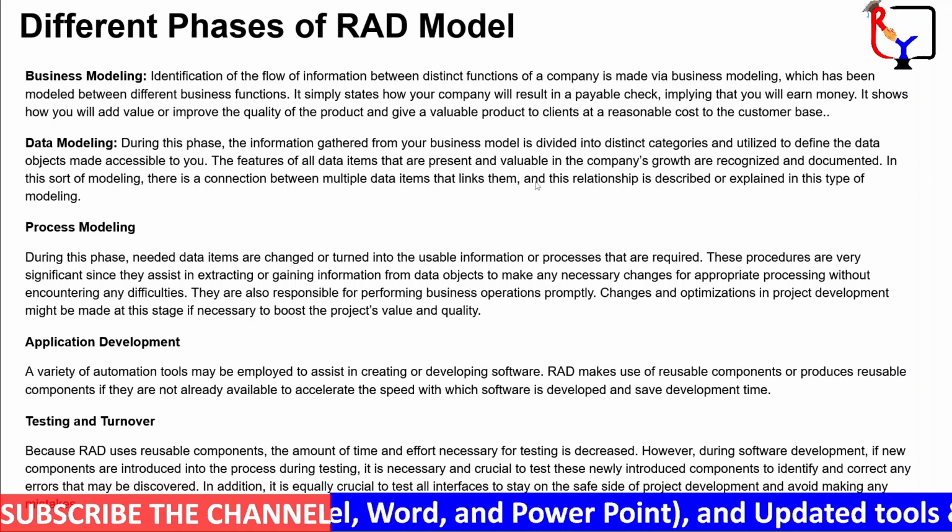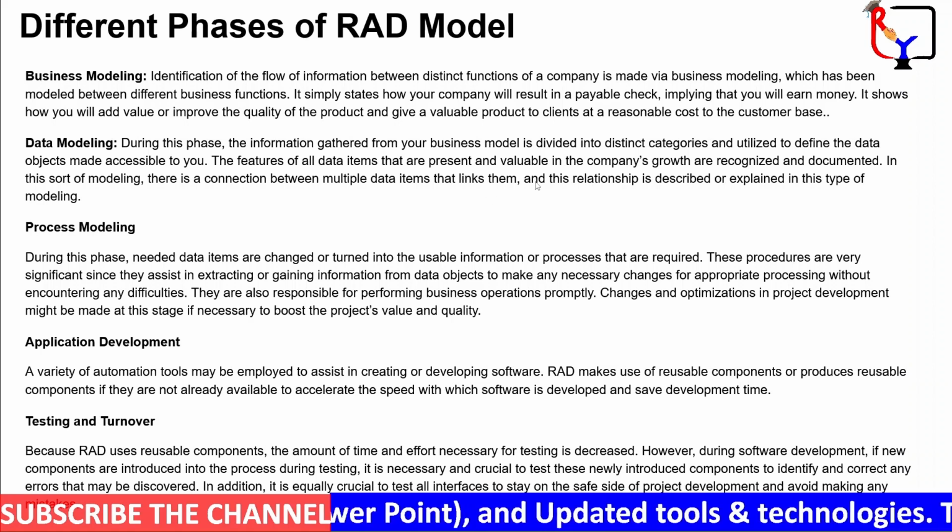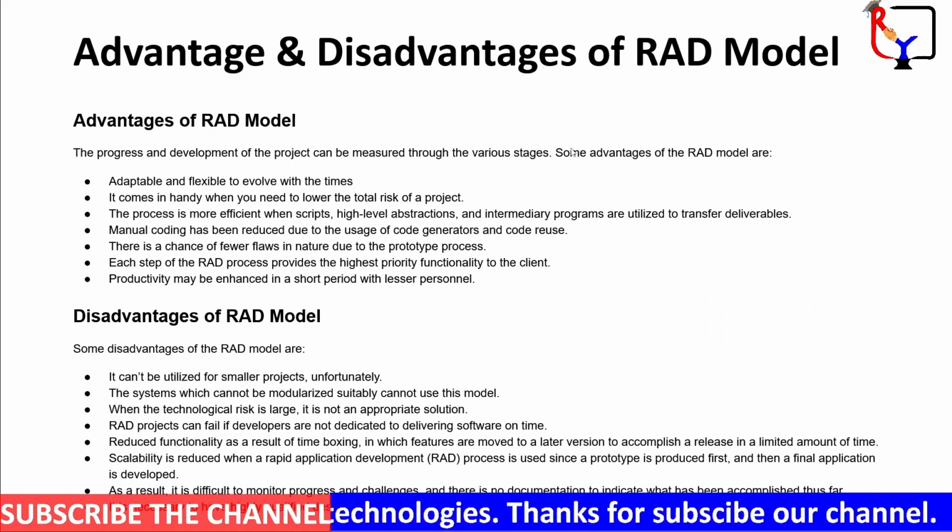Okay, so every model is important in a RAD model. Okay, so the RAD model also has advantages and disadvantages. First advantage: it is adaptable and flexible to evolve with the times. It comes in handy when you need to lower the total risk of the project.